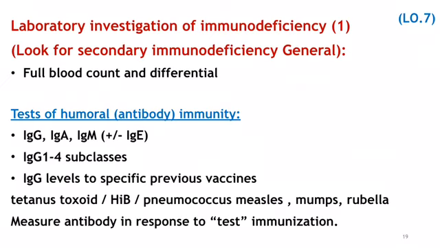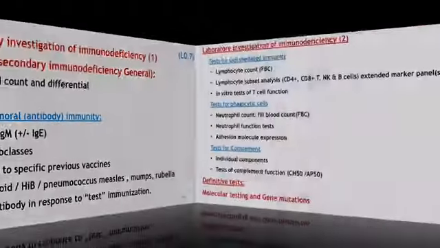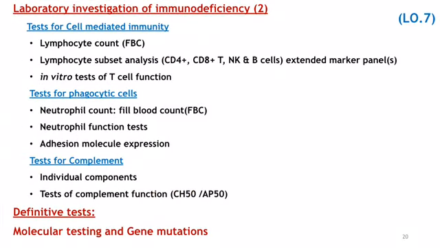Now for laboratory investigation of immunodeficiency, we have many tests for humoral antibody immunity: IgG, IgA, IgM, plus or minus IgE, subclasses of IgG from 1 to 4, and levels to specific previous vaccines, for example the level of IgG according to the vaccination the patient received. We also have tests for cell-mediated immunity: lymphocyte count, lymphocyte subset analysis such as CD4, CD8, T cells, NK cells, B cells, marker panels, and in vitro tests of T cell function.